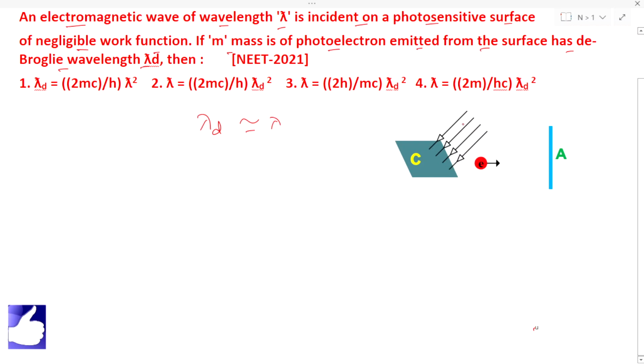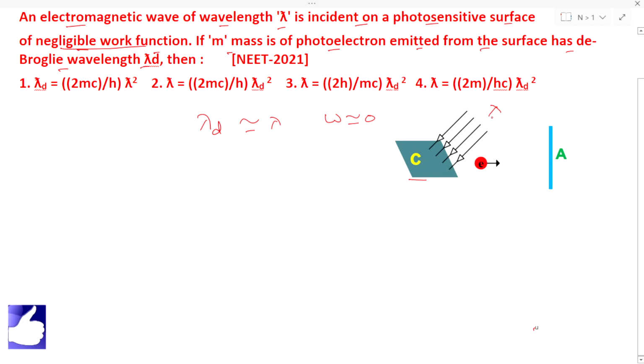Negligible work function means that the value of the work function is almost nearly equal to 0.